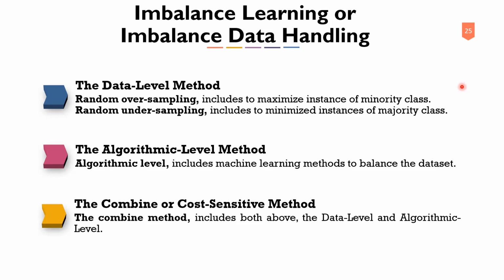And where we have fewer instances, whatever the class is, we can say it's a minority class. So there are two types of class labels: minority class labels and majority class labels.